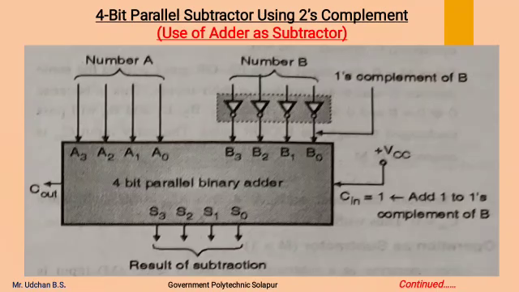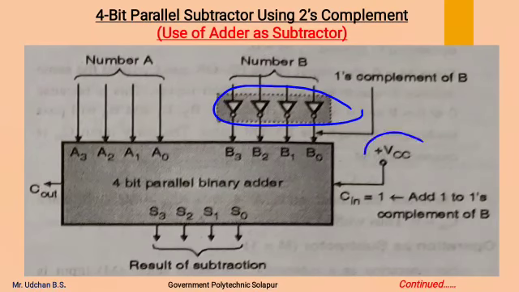Now next we will see a 4-bit parallel subtractor using 2's complement. The circuit is the same, the only difference is here the number B is given through these NOT gates and a carry input is connected to VCC.